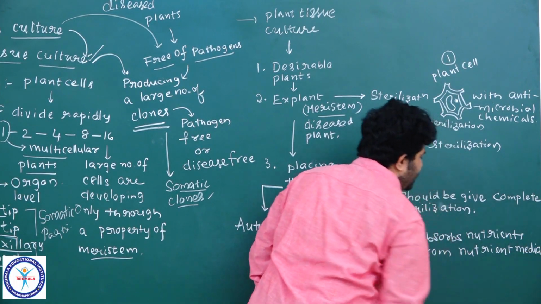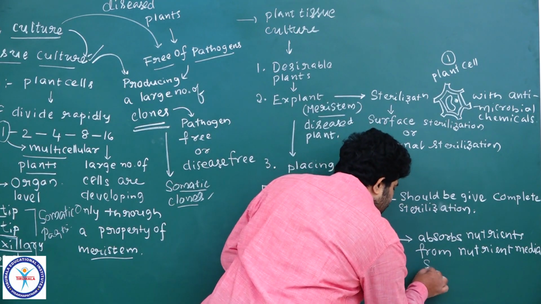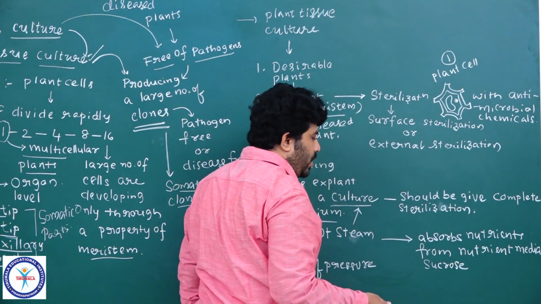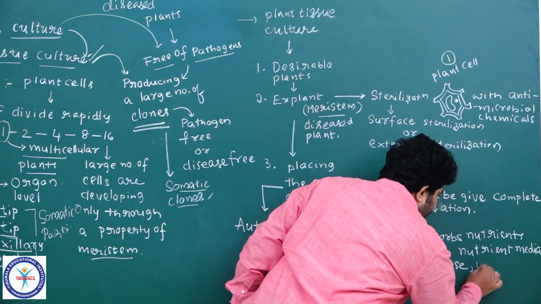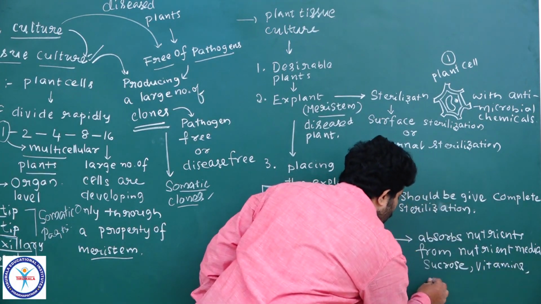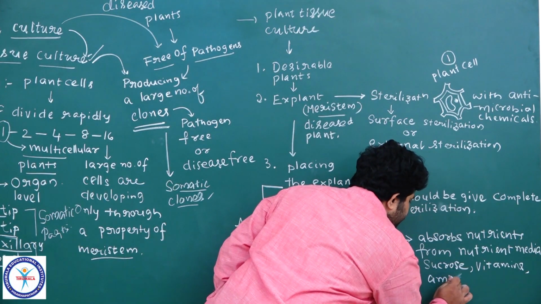What does it contain, students? Nutrient media contains different kinds of organic sources like sucrose. It contains sucrose as the chief source of food for the young growing meristem to become a baby plant. Understood? Different vitamins we add here, and it also contains amino acids.